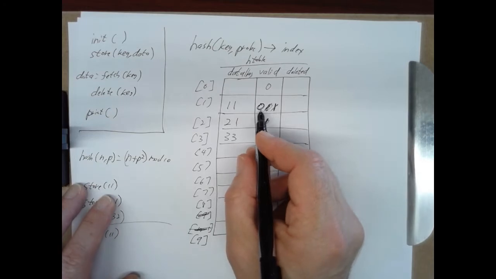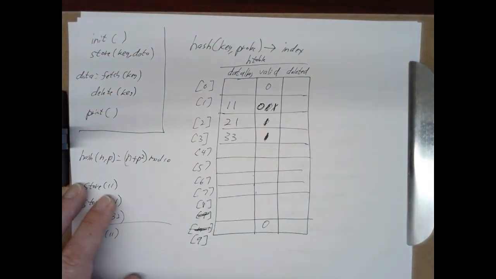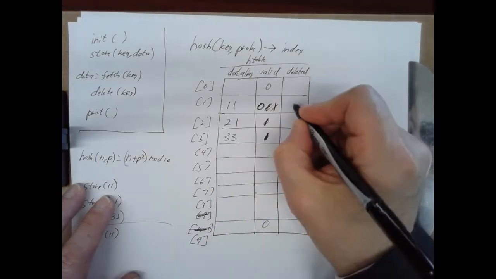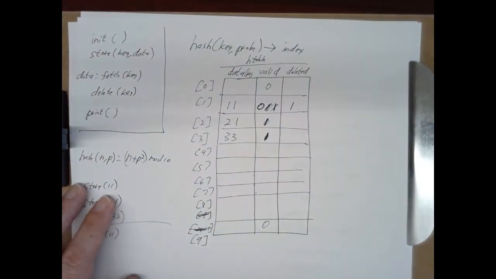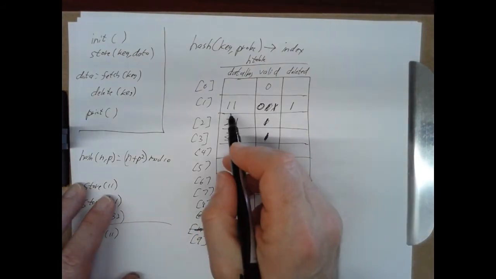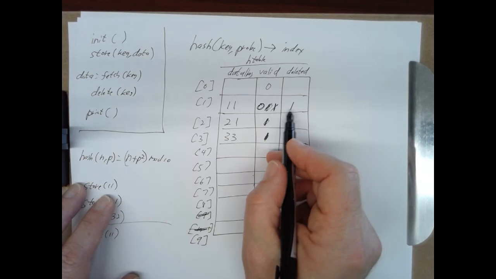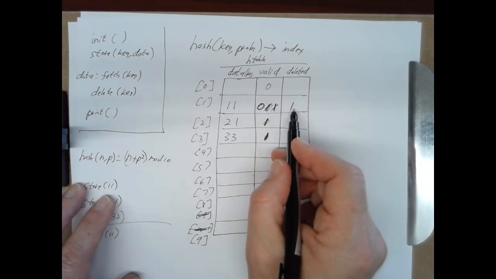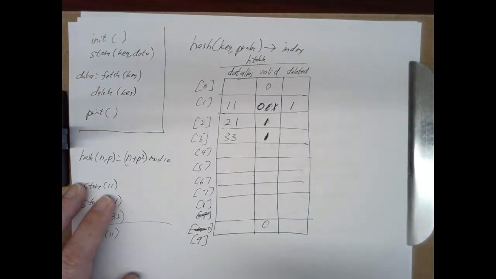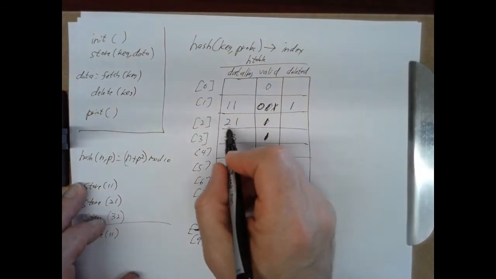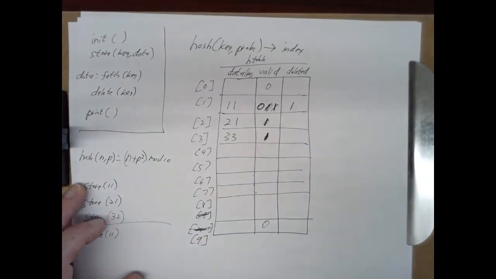So when you delete, you clear the valid flag, but you need to remember that what was in there might have caused a collision, and so you need to mark a flag saying this has been deleted. And when we search for something, if we don't find it in an entry, but we find that it was either in use or it was deleted, we need to keep rehashing. Bump up the probe, hash again. So we'll bump the probe to 1, we'll rehash to location 2, we'll find our 21 there.